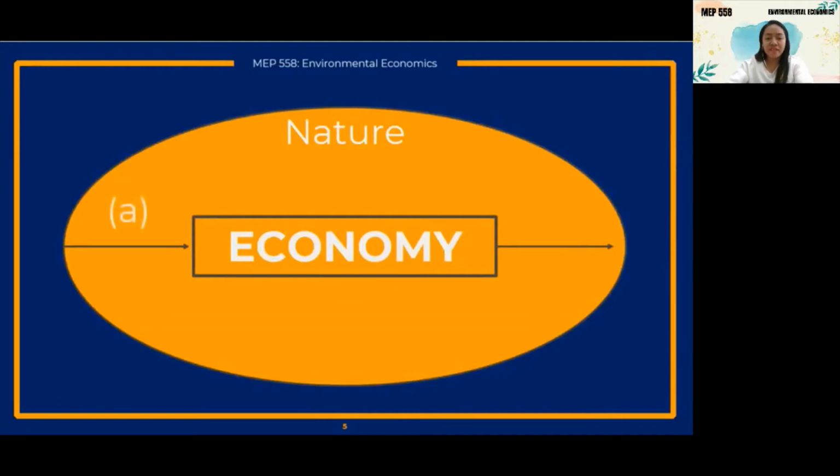So we have this link marked A, which represents the raw materials. That is nature, the environment. The raw materials flow into production and consumption. The study of nature in its role as a provider of raw material is what we call natural resource economics.